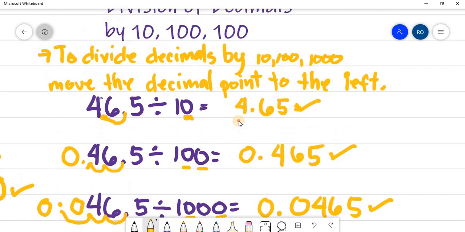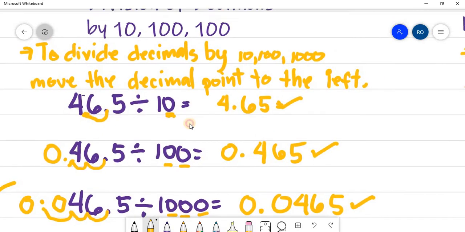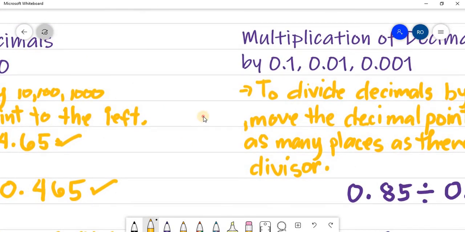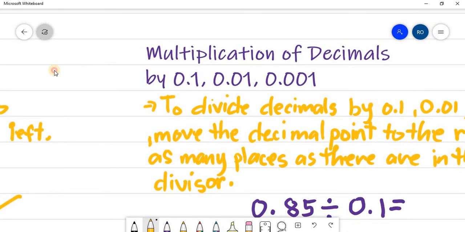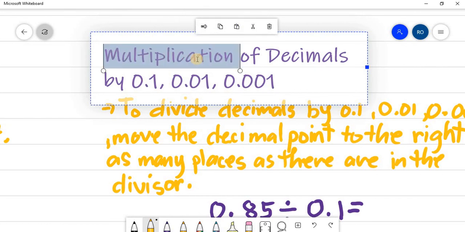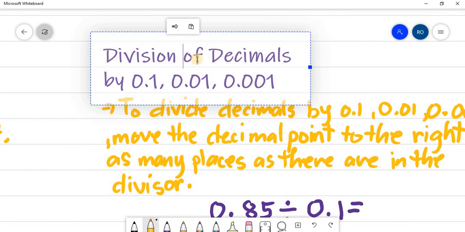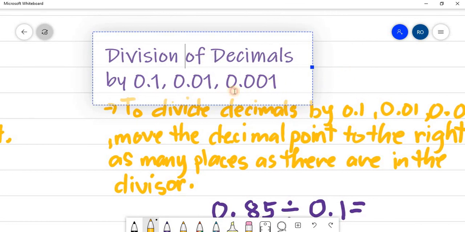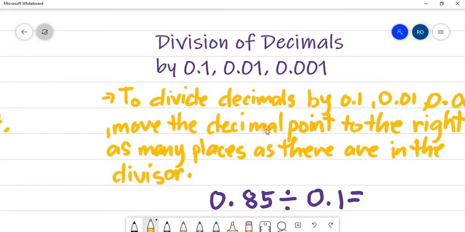So again, remember, when we divide decimals by 10, 100, or 1000, just move the decimal point to the left. Now, let's take division of decimals by 0.1, 0.01, and 0.001.